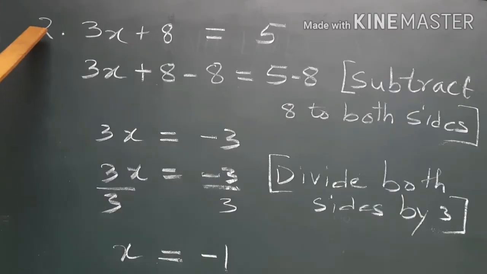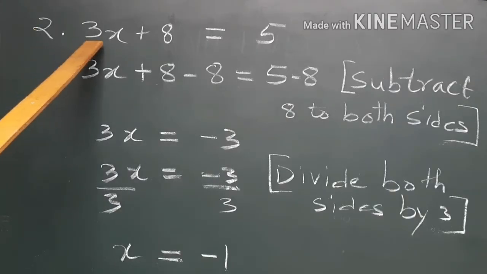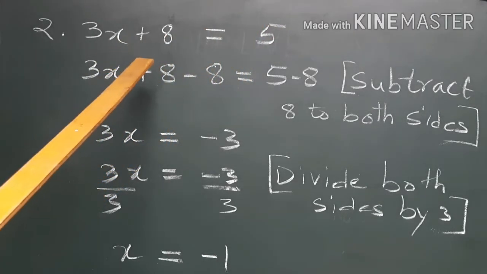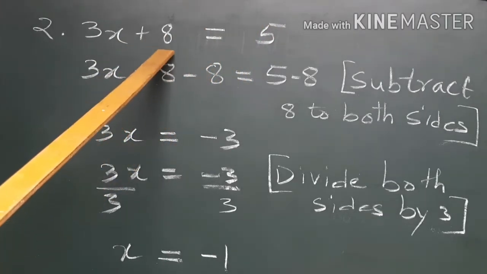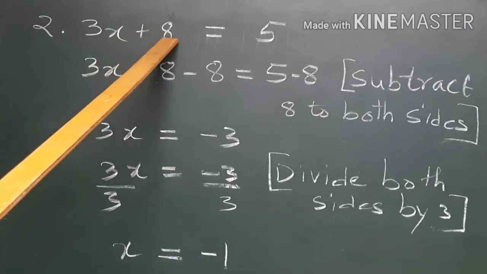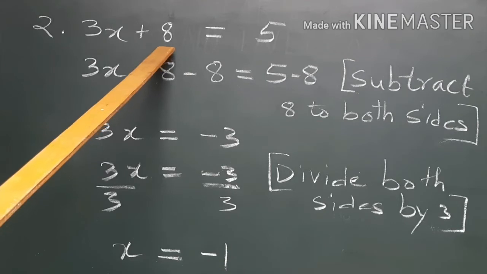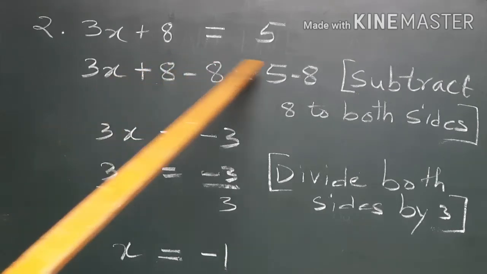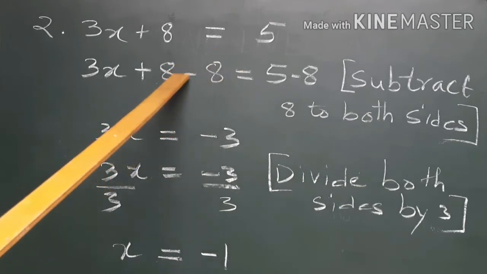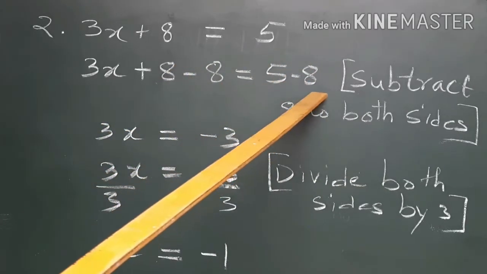Question number 2. This is another equation: 3x plus 8 is equal to 5. Now to remove 8, since it is plus 8, we have to subtract 8 from both the sides. So minus 8 and minus 8.